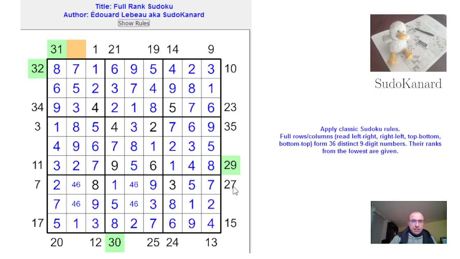So 7 here, here, here, here, and here. So what do we have? 7539, 7538, 739. So this here is 26. So this has to be 28, which means that this digit here is a 6.